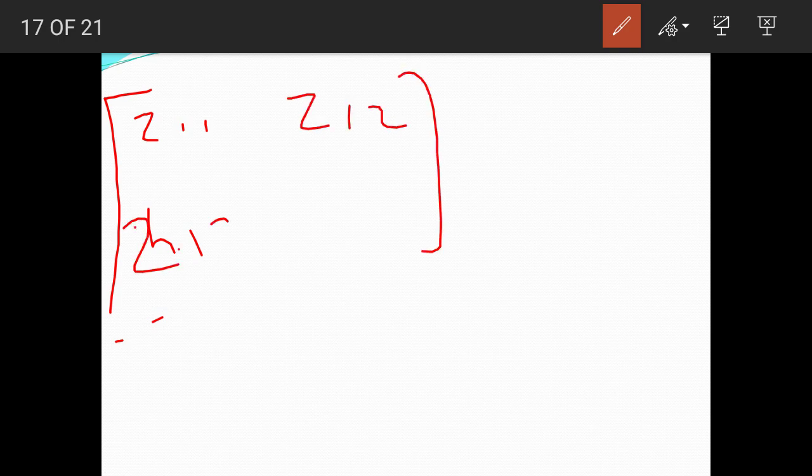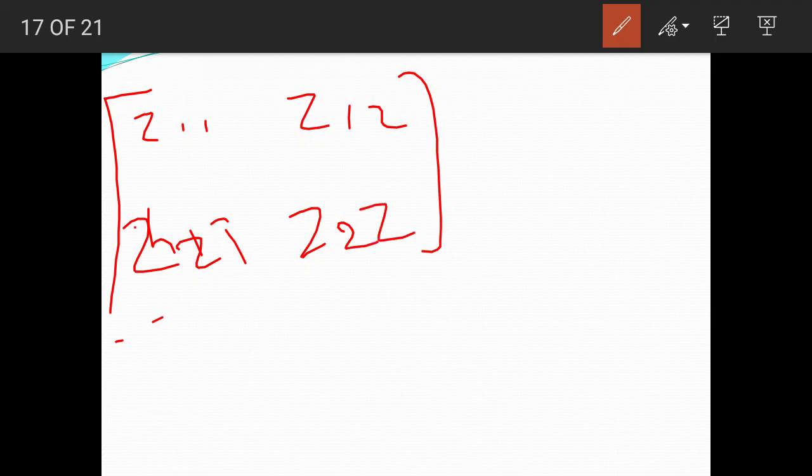So Z parameter is Z11, Z12, Z21 and Z22.